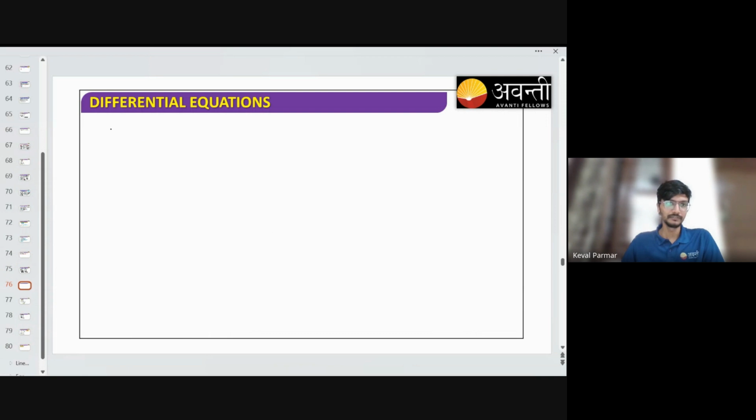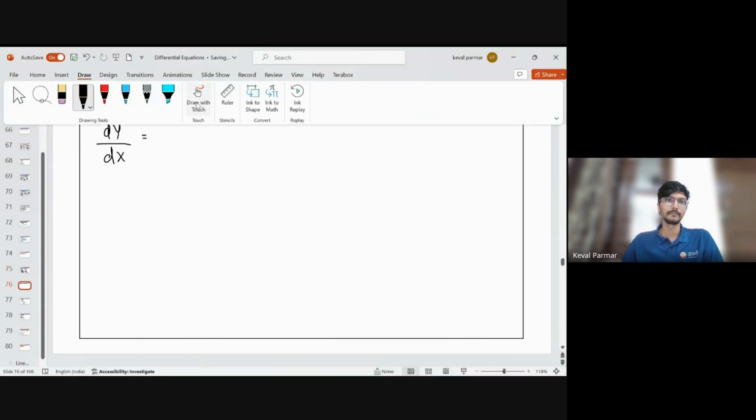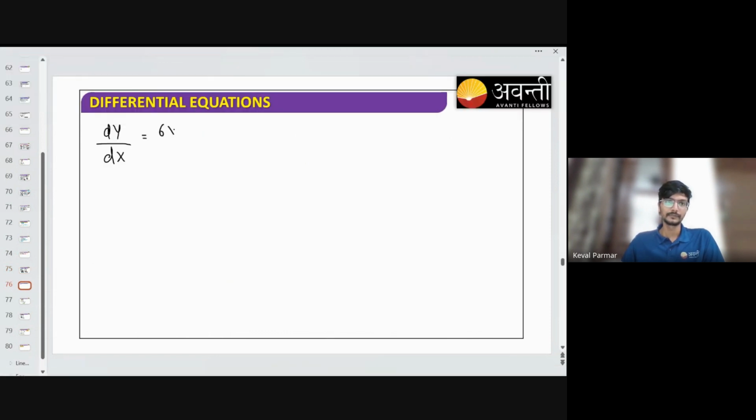So my differential equation will become dy over dx equals 6x plus 5y upon 2x plus 18y. So now it is homogeneous. What will we substitute? Y equals vx.